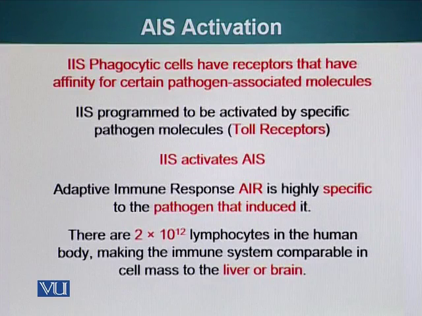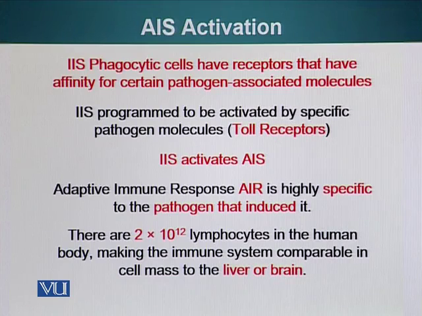All adaptive immune responses have to be activated by innate immune responses. I'll show you that. In innate immune responses, phagocytic cells are activated that have receptors with affinity for pathogen-associated molecules. These special receptors I mentioned earlier are evolutionarily very primitive, and are called the toll receptors.